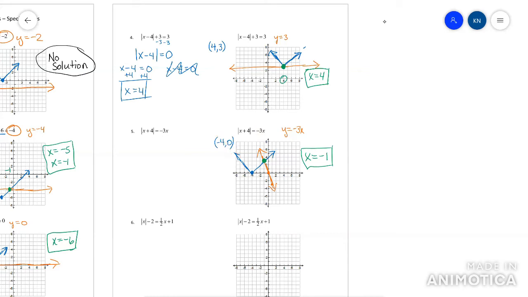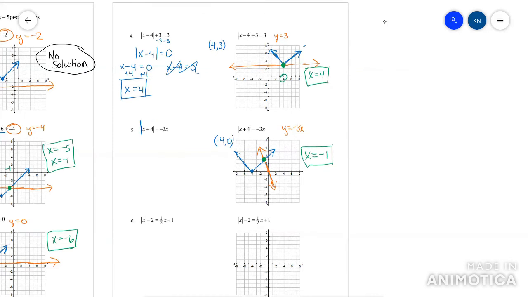Let me show you how I would do it algebraically. The bars are already by themselves, so I can go ahead and write this one twice. Once is normal. Once times negative 1. So that negative 3x, when I times it by negative 1, becomes positive 3x. That's how I got this number right here.